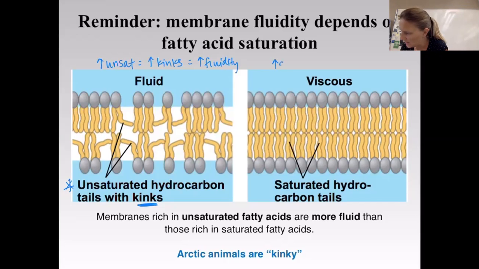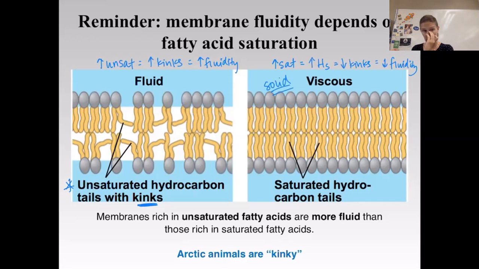If you increase the saturated amount of phospholipids, you are going to increase the amount of hydrogens on them, right? You're going to decrease the amount of kinks or double bonds, and you are going to decrease the fluidity of that. So this would be more likely to be a kind of solid, which would be very, very bad, right?